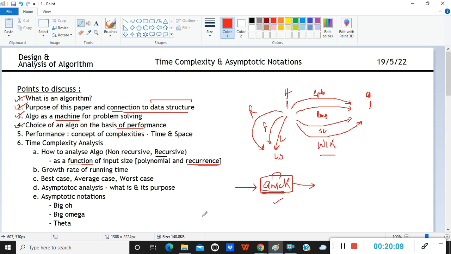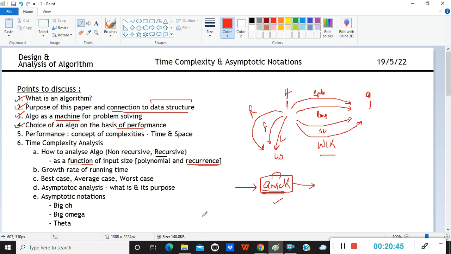In case of an algorithm, space means the memory, how much RAM it may require to store and consume, not the hard disk or hard drive.